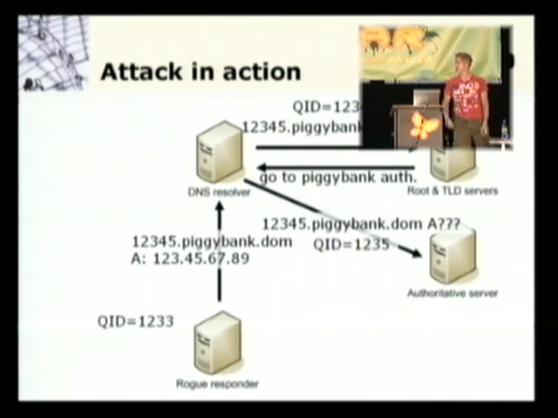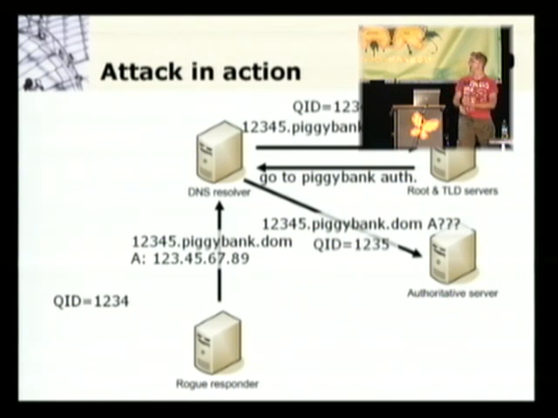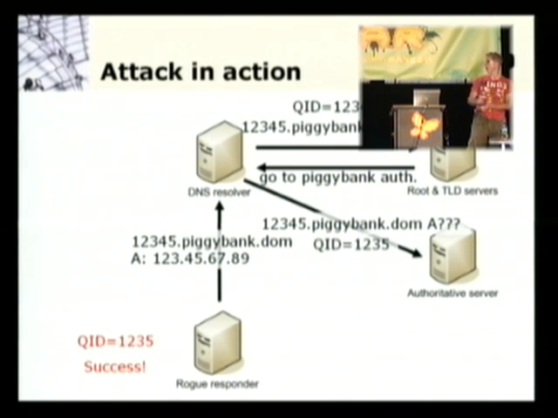Now, as you can see, the query ID that is in the answer from the rogue responder doesn't actually match with the query that it sent to the authoritative server, so the resolver is going to discard that because that is not a valid answer. But it can send lots of packets, so the next packet will have query ID 1234 in it. That doesn't match. But then it sends a packet that matches, and what happens now is that the DNS resolver will actually accept this as a valid answer. And what is in that packet will end up in the resolver's cache.